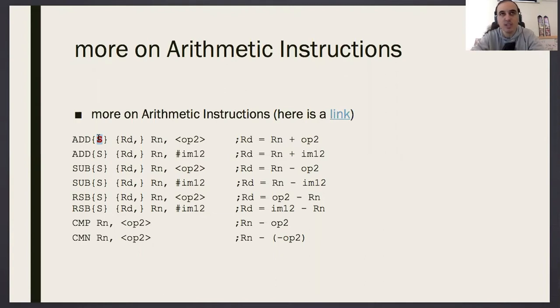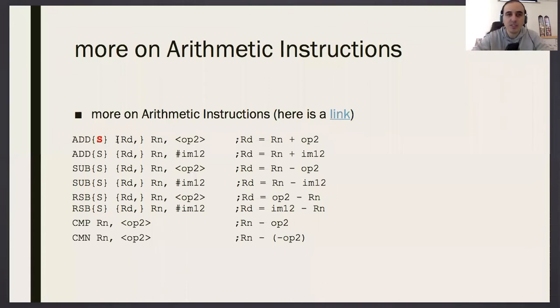If you don't put this, it won't change the flags. It will just do the operation. What is the operation? The operation is Rn, the second operand, plus the third operand, because this is add. If it was subtraction, it would be the second operand minus the third operand, and it is equal to the first operand.